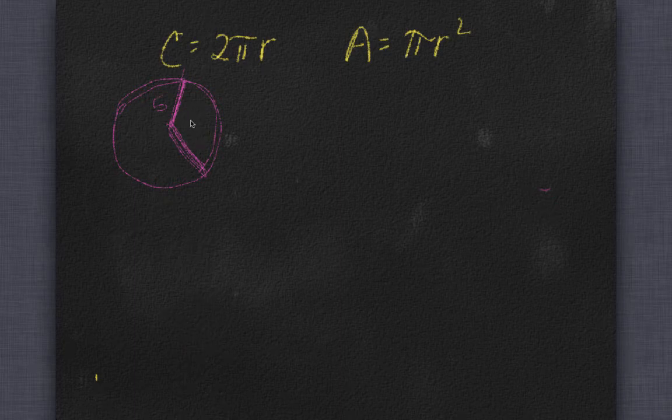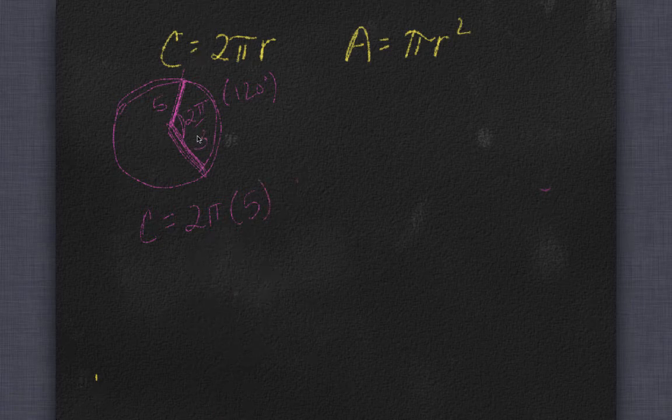Okay, 120 degrees is also 2 pi over 3. So I'm going to just say this is 2 pi over 3. So also 120 degrees. Okay, so I have an entire circumference of 2 pi times 5. All right, this is my circumference.